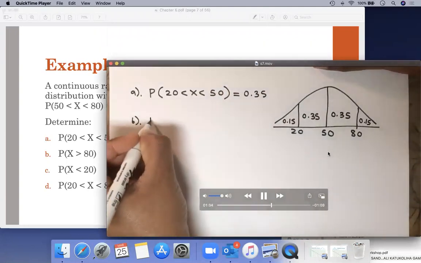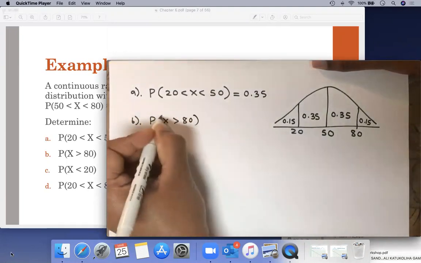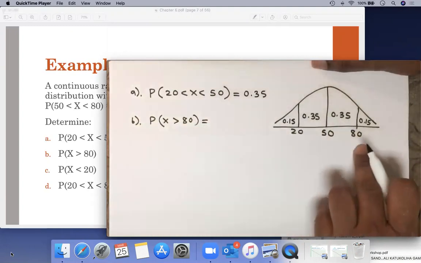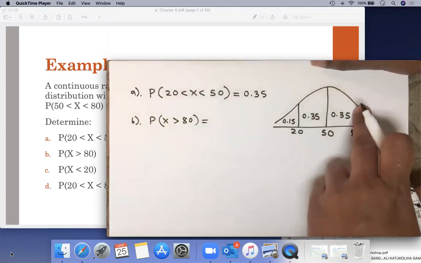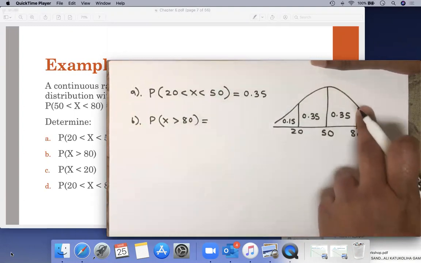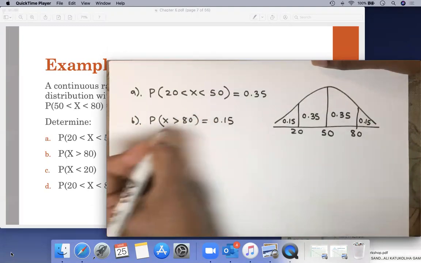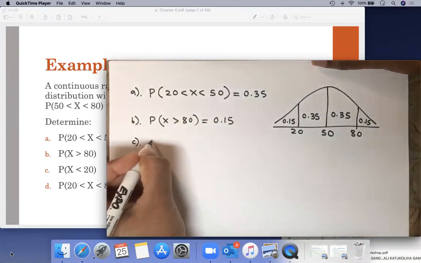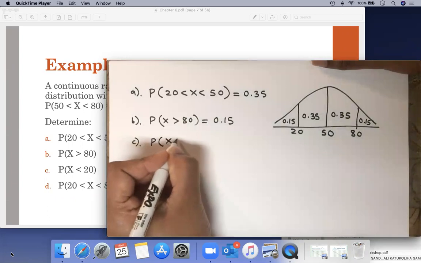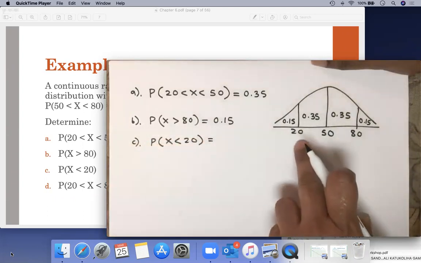Part B, probability of x greater than 80. This is 80. You have to find the corresponding area greater than 80. So only this small part, 0.15. Then part C, the probability of x values less than 20. So here it's 20.